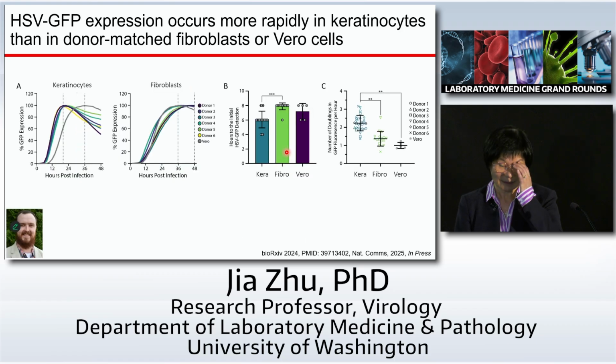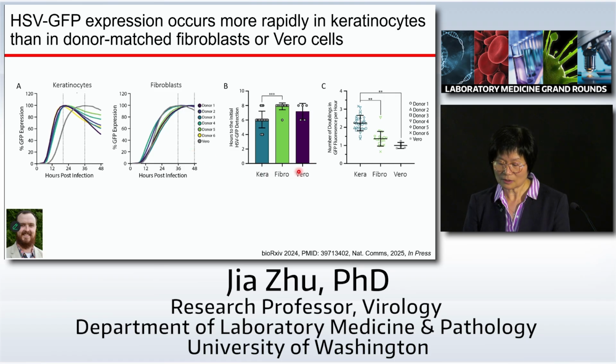So Ian, a postdoc in the lab, found that HSV infection and GFP expression occur more rapidly in keratinocytes than in donor-matched fibroblast or Vero cells. The GFP peaks at 20 hours in keratinocytes, 36 hours in Vero cells, and 48 hours in fibroblast cells.